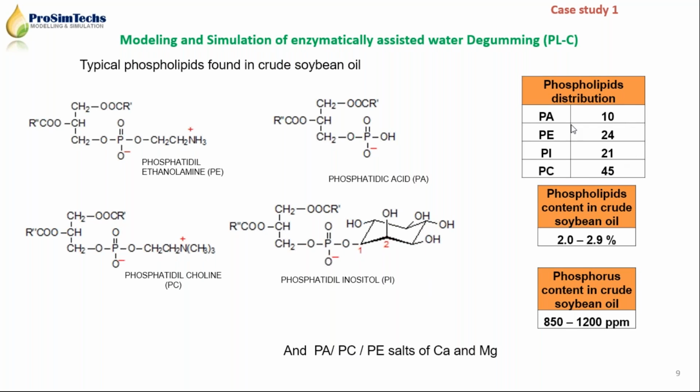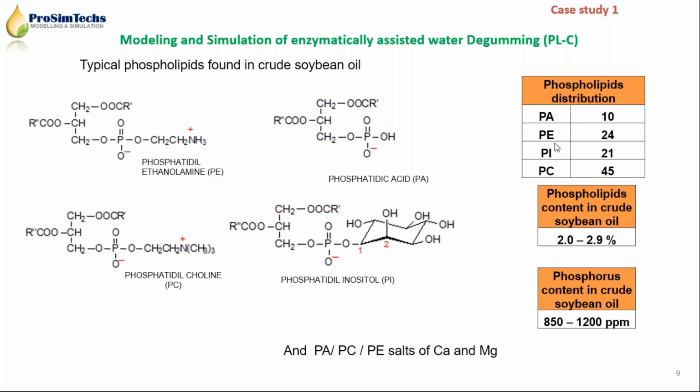This is the distribution, or the composition, of these different phospholipids that we can find in the crude soybean oil.